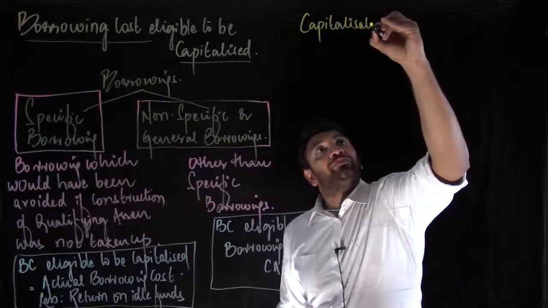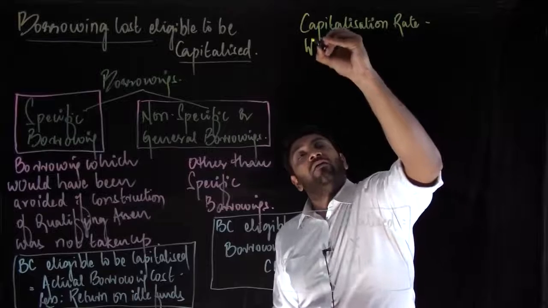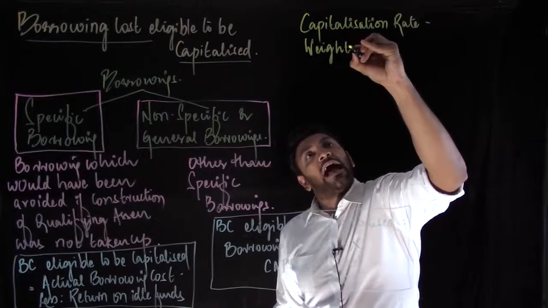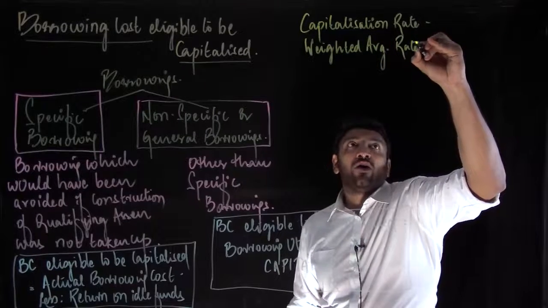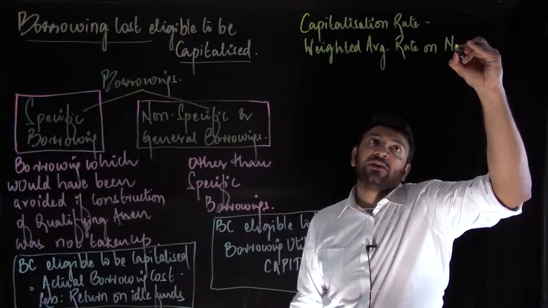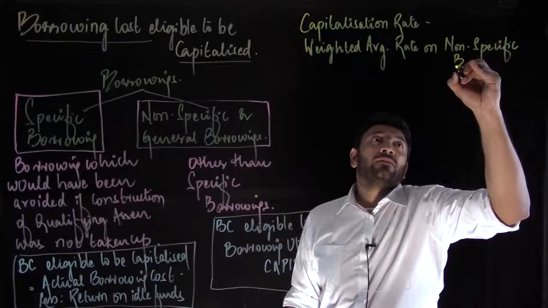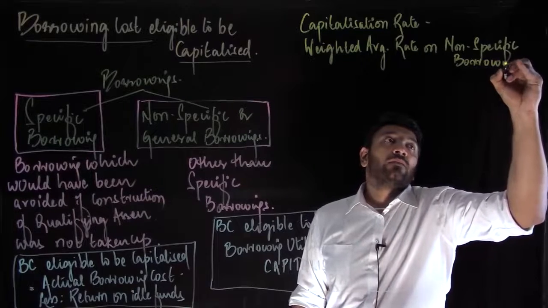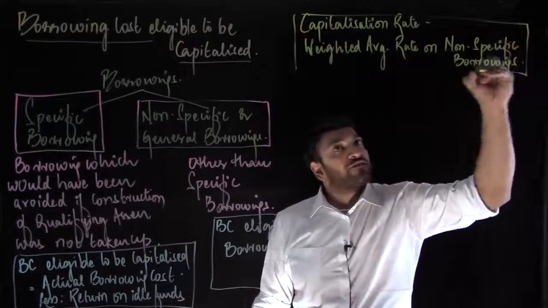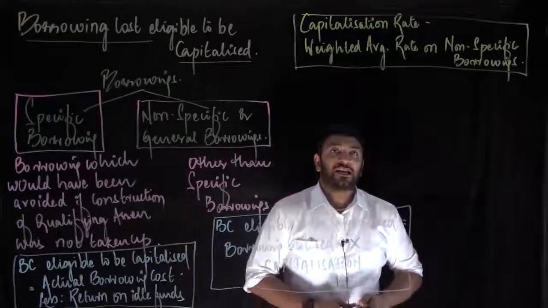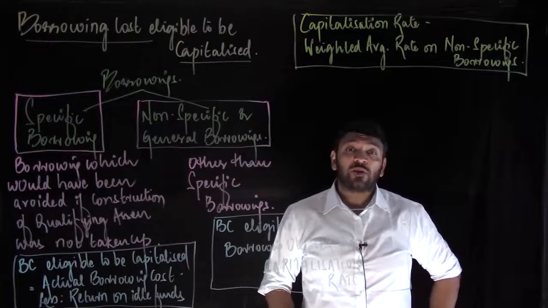Capitalization rate is nothing but a weighted average rate on non-specific borrowing, which can be considered as the capitalization rate. What is this weighted average rate? How do I identify the formula of this weighted average?